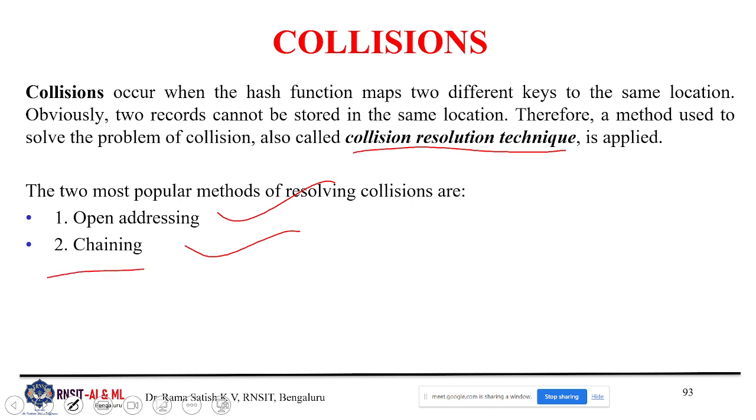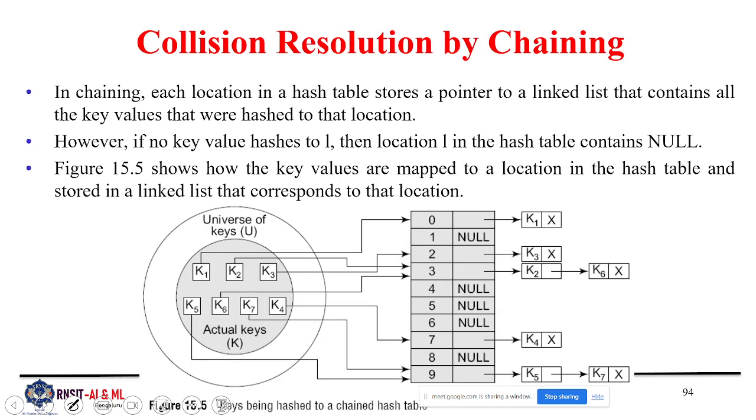Let us talk first about chaining. Chaining is very easy, that's why I'm taking chaining. Later we will talk about open addressing. In chaining, what happens? If collision occurs, look at here. For this value 3, you can see K2 is also one element and K6 also one element. Both are getting the same location. There is a collision.